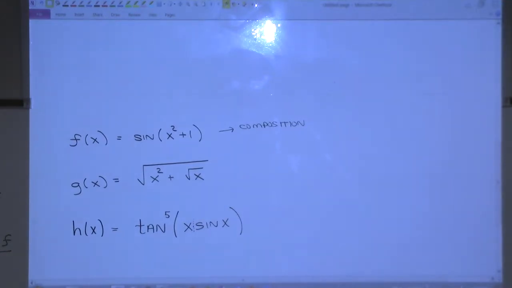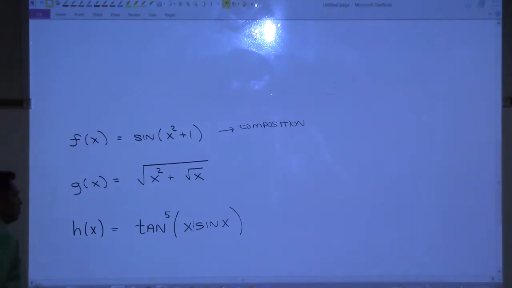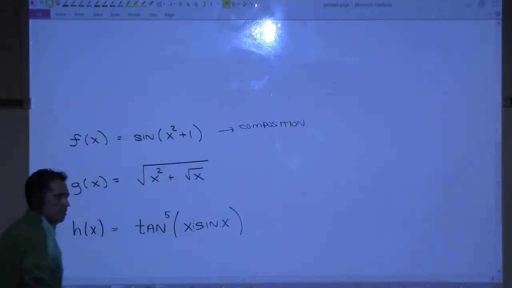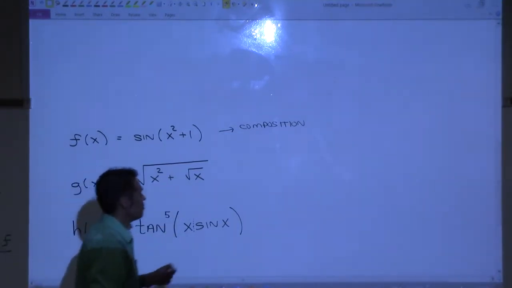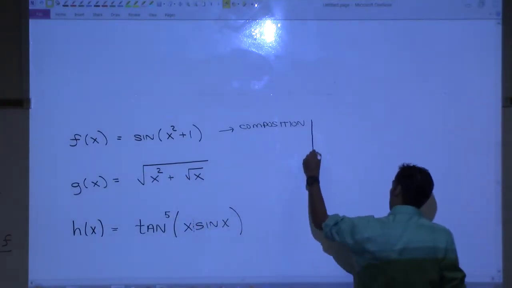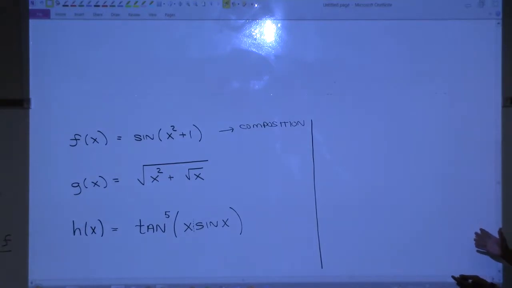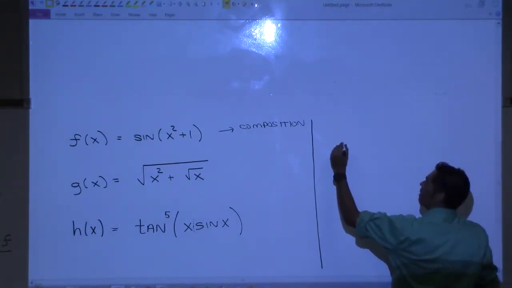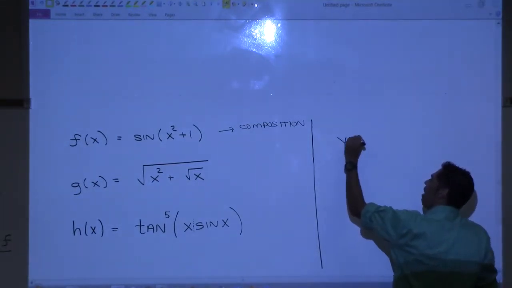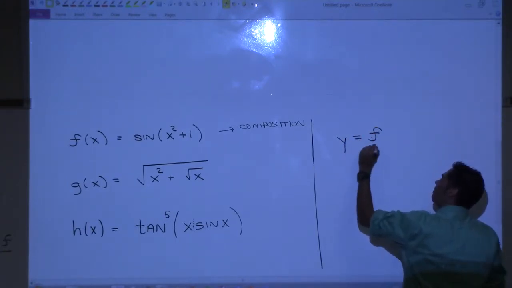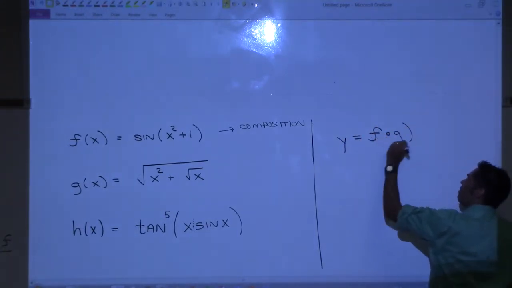All of these functions that I put on the board, right now you cannot take the derivative of unless you know the chain rule already. So we have to have a rule that allows us to deal with this. Okay, so here's how the chain rule works. Let's start with the basic idea that we have y equal to some function composed with some other function.